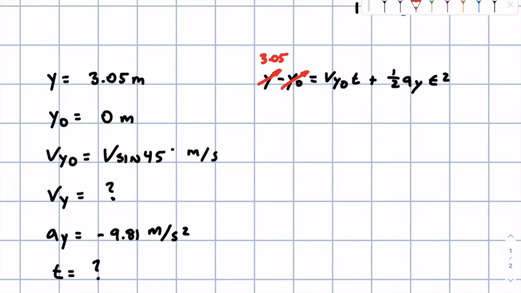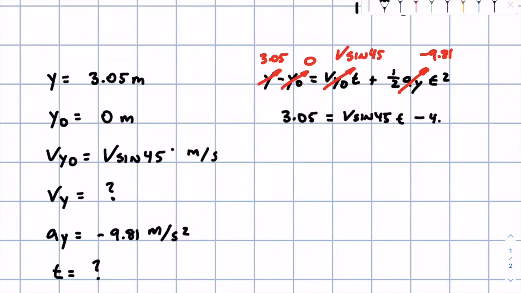We know the initial y at the ground is 0. Vy naught we said is v sine 45 degrees. Time we don't know. Acceleration due to gravity is negative 9.81 meters per second squared. So we get 3.05 is equal to v sine 45 times time minus 4.905 t squared.